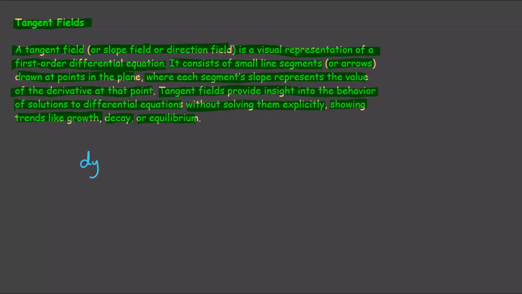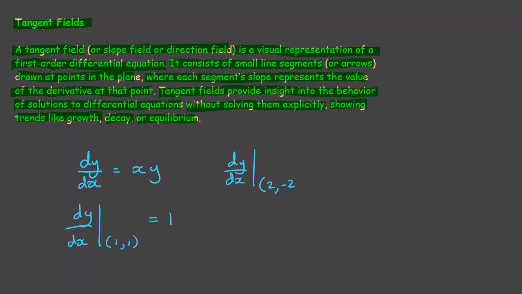Well, let's suppose we have dy/dx equals xy. Then dy/dx evaluated at the point (1, 1) would be 1 times 1, which is 1. dy/dx evaluated at the point (2, -1) would be 2 times negative 1, which is negative 2.